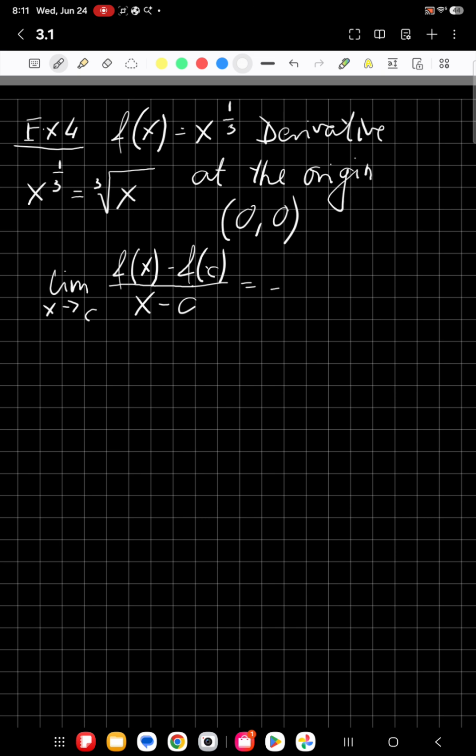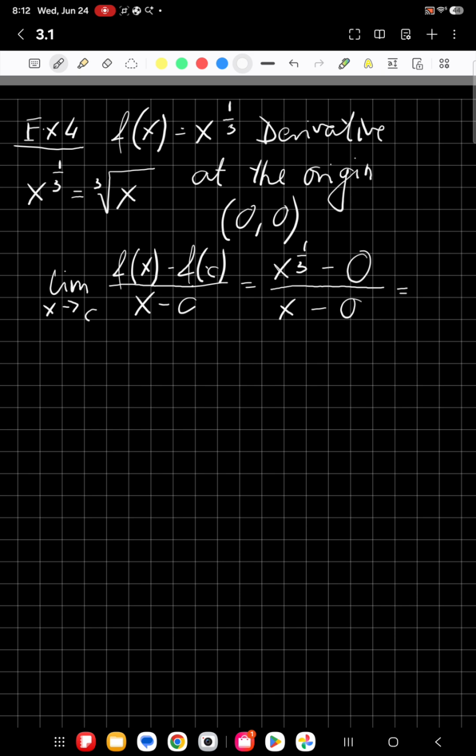Anyway, f of x is x to the 1/3, minus f of c, which is 0. I get it from here: you plug in 0, you get 0. The cube root of 0 is 0. And then the bottom is x minus c, so x minus 0.